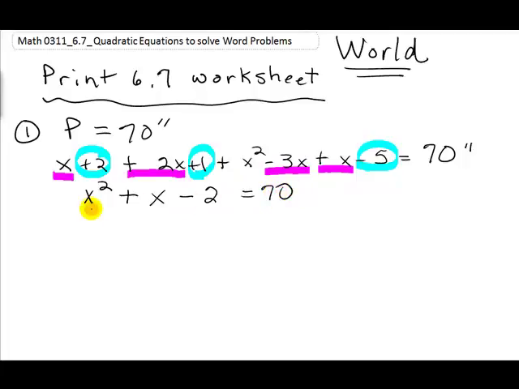Remember, we saw in our last session that to solve this, I need my equation to be equal to 0. So what I want to do here is subtract 70 from both sides. Factor to solve the equation.